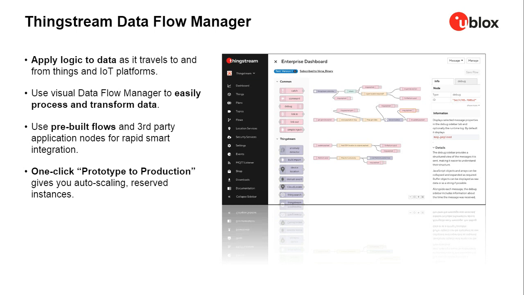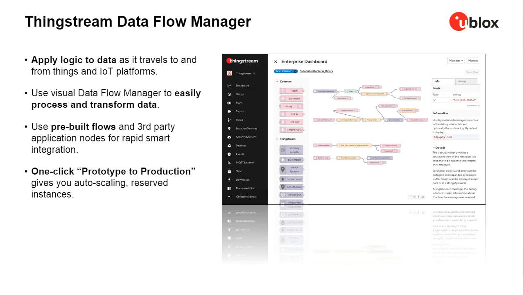And on top of that, to speed up integration, we've included a library of pre-built flows and added various third-party application nodes to make connections to services like Microsoft Azure or IBM Watson really simple. And there's also a bunch of other different nodes that can help you perform other functions that you might want to perform on your data as it goes through that flow.